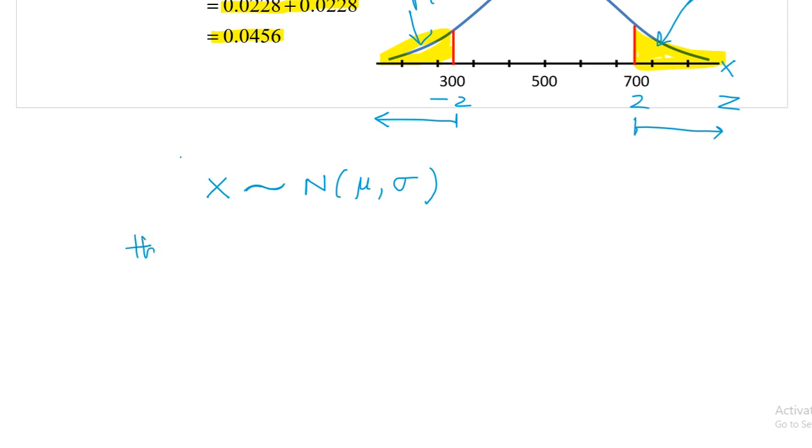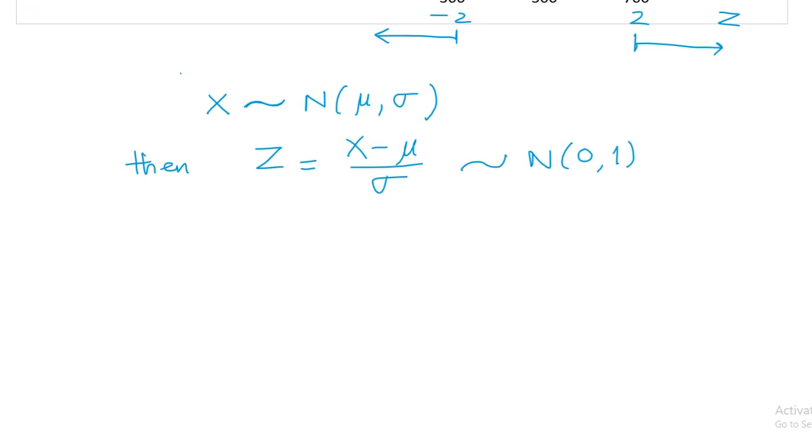Then your z transformation, which is x minus mu by sigma, also has a normal distribution but with mean 0 and standard deviation 1. That's why we call it standard normal distribution.